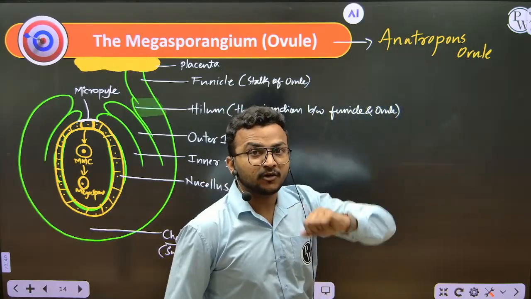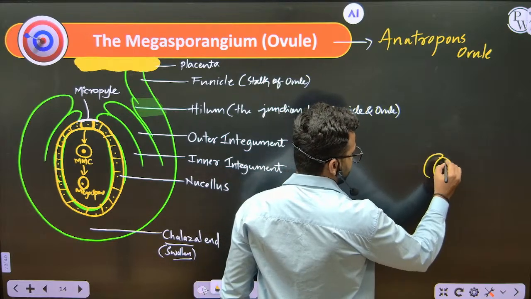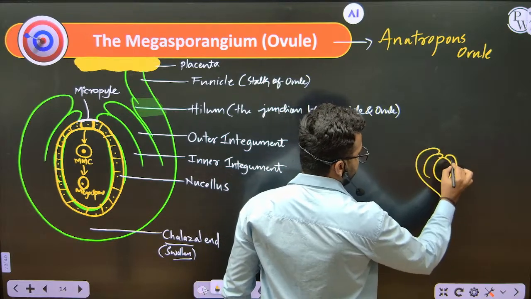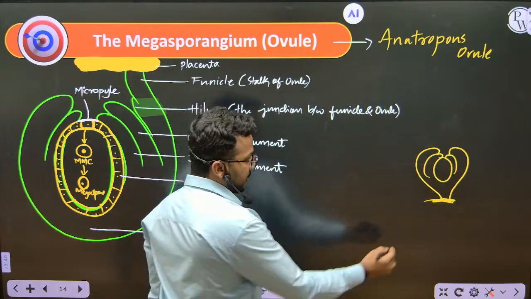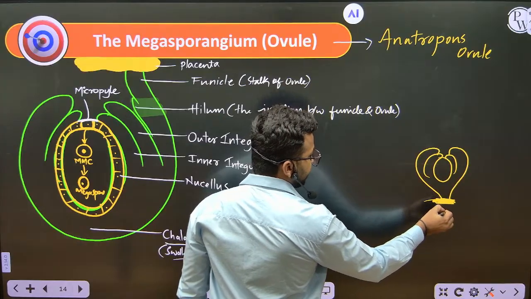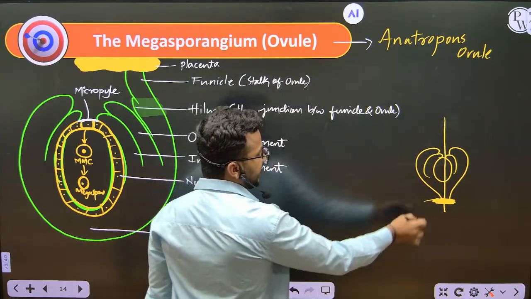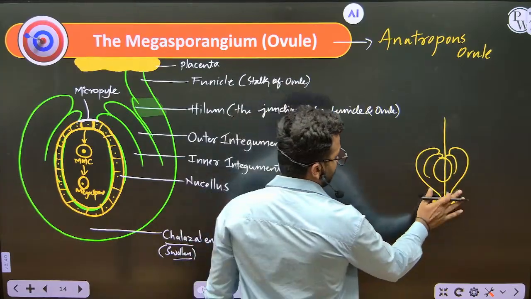In the case of an orthotropous ovule, what happens? These are the integuments, connected to the placenta like this, and the micropyle is in a straight line, opposite to it. This is the orthotropous ovule.